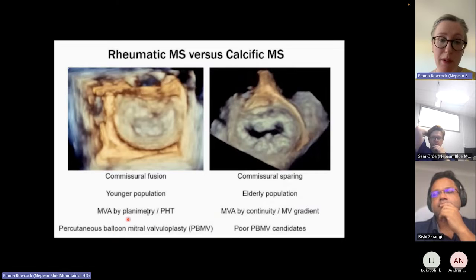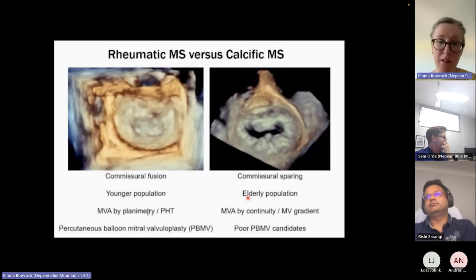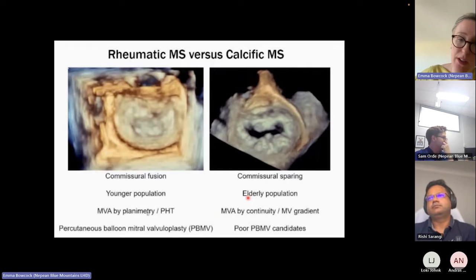And these patients, rheumatic patients, tend to benefit from percutaneous balloon mitral valvuloplasty, which is definitely beyond the scope of this talk today. Whereas calcific MS, as I said, they tend to have sparing of the commissures and tend to be old. And generally, we still do measure pressure half time. Planimetry can be done, but maybe not as useful.